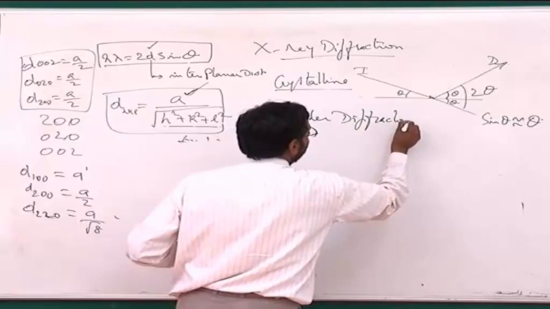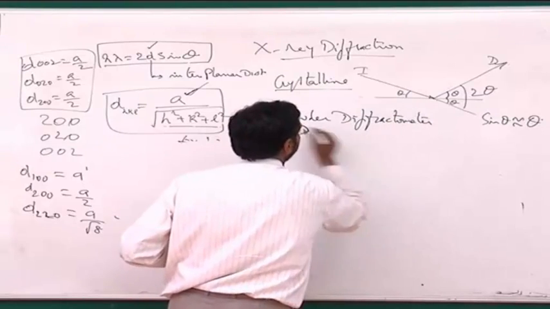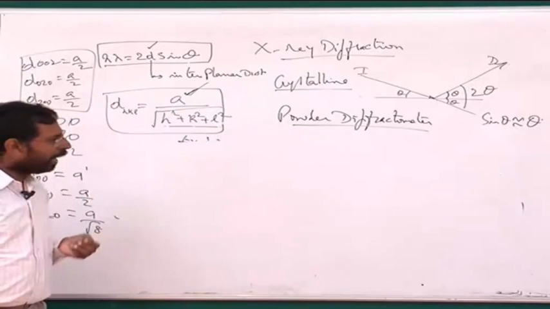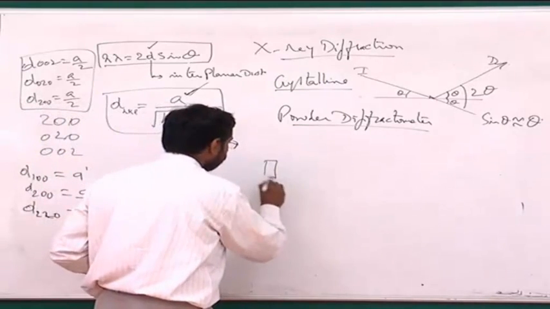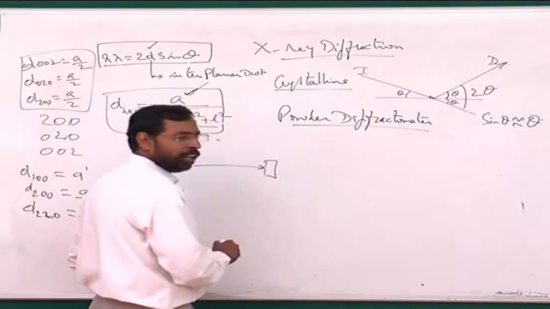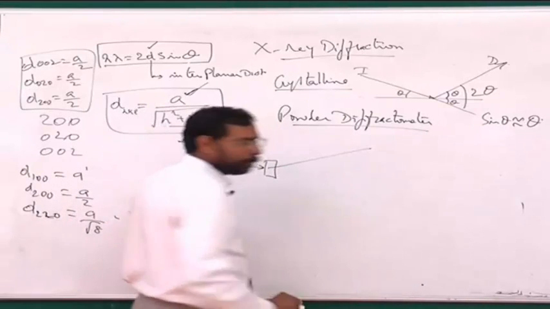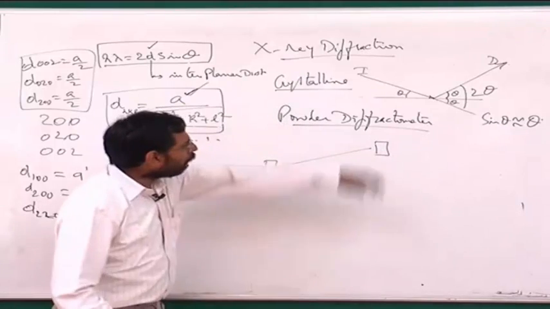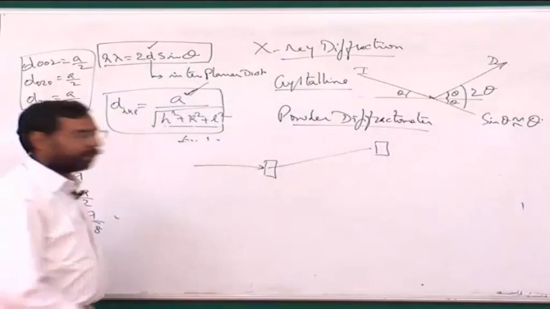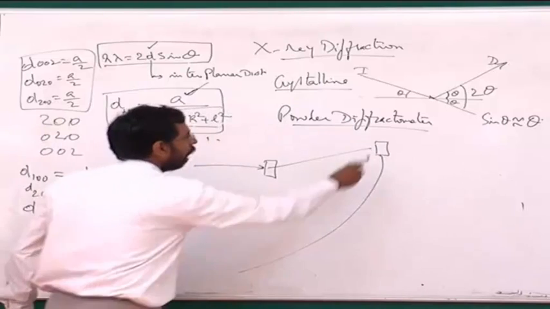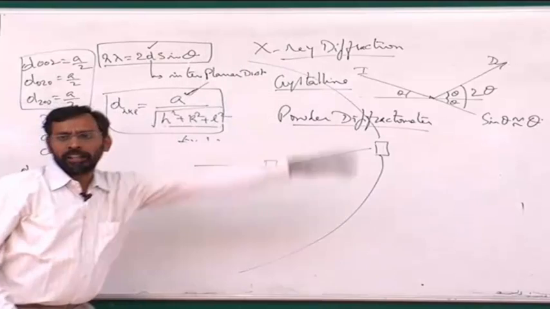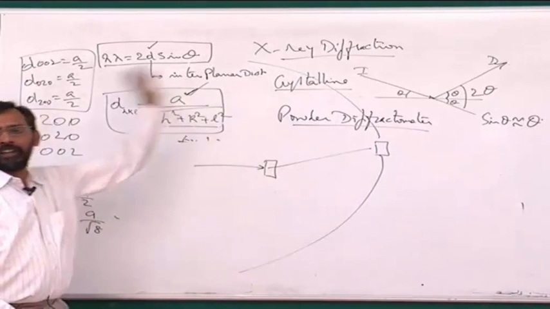Most of the people who buy XRD equipment are only buying this diffractometer, where you have a sample onto which X-rays fall, and the diffracted beams are coming out, and you have a detector which keeps on rotating in a particular arc fashion, and keeps on collecting all the X-rays which are falling at various angles.